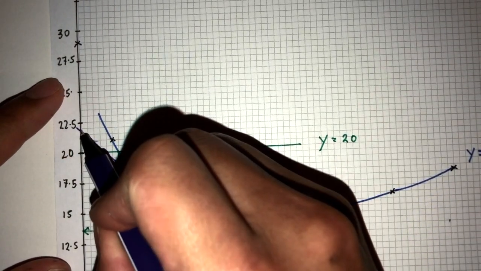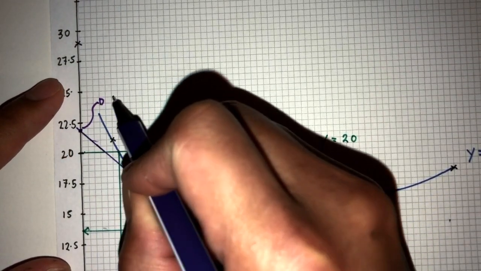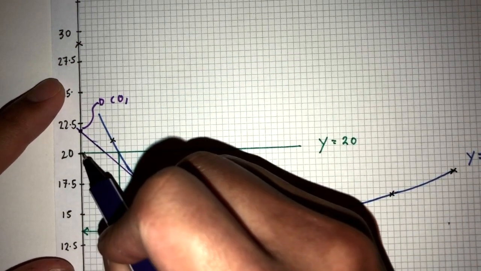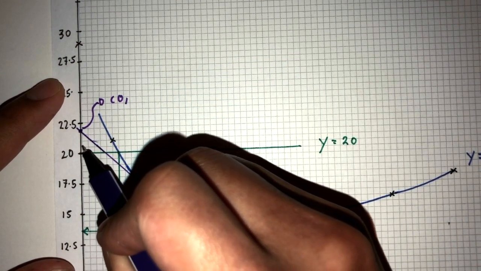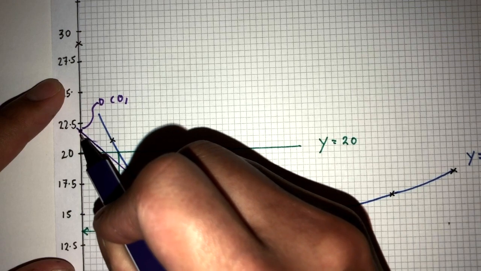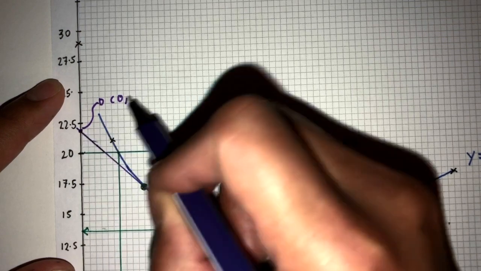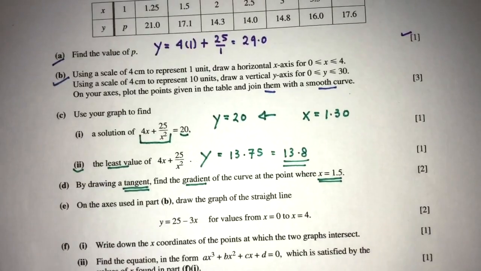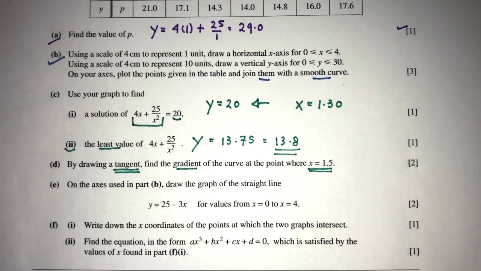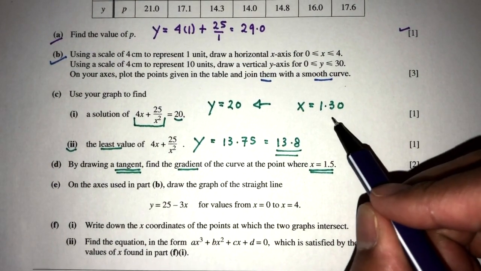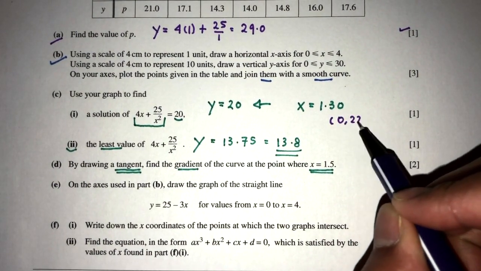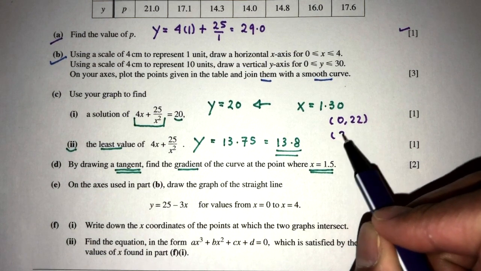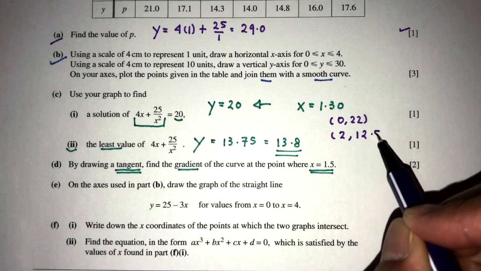That will be my point 0, and then that will be what? 20.5, 21, 21.5, and let's say this is 22, for example. Okay, so I have 2 points to use. So once I get my 2 points, I can find my gradient of the graph at that point. So I have 0, 22, and I have 2, 12.5.